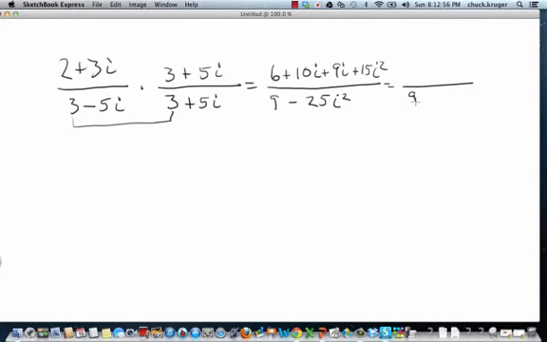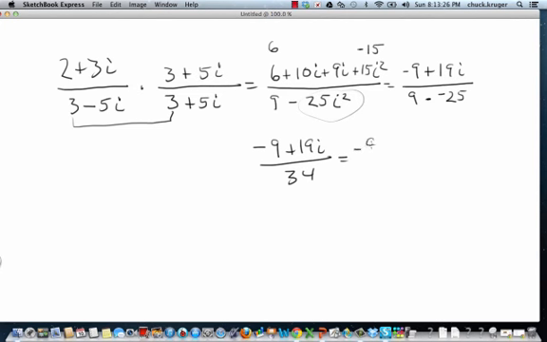Down here I'm going to have 9 minus a negative 25. Notice that'll always be positive. And over here I'm going to have 6, and this is going to be a negative 15. And 6 minus 15 is negative 9 plus 19i. So my final answer is negative 9 plus 19i over 34.